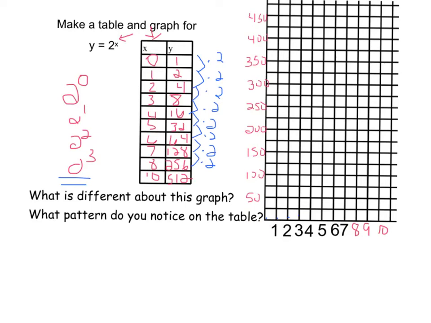At 4 I was at 16, so remember this line right here is 25, so I'm almost halfway. And at 5, now I've gone up to 32, so now I'm above the line, almost halfway to 50. And then at 6, I was at 64, so 50, 75, so not to 75.